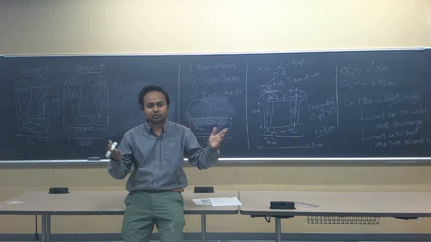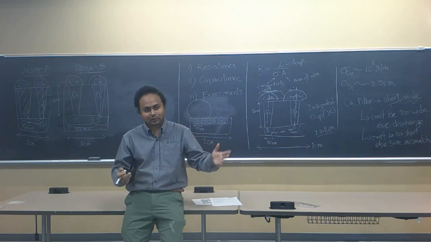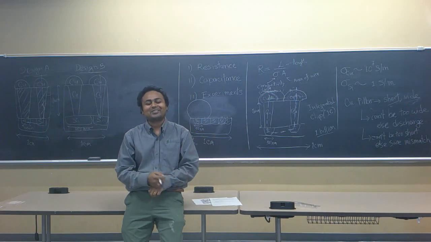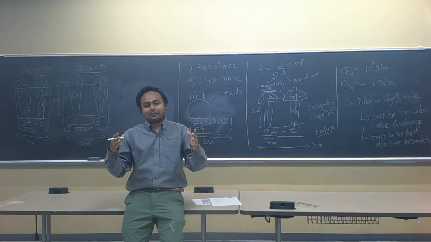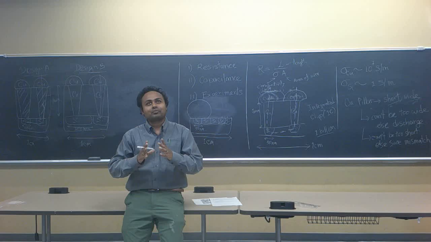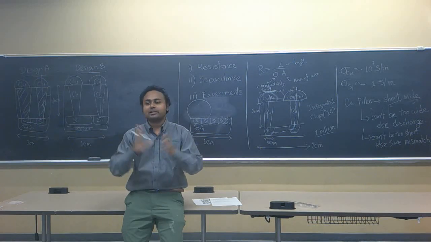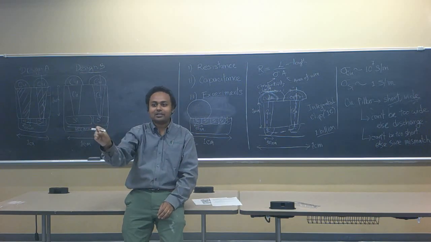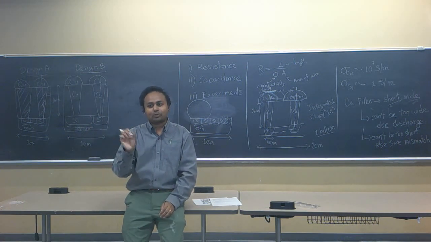Only the richest people will buy it. So the point is that it's not only about shrinking it down, it's also about how to shrink it down without increasing the cost.